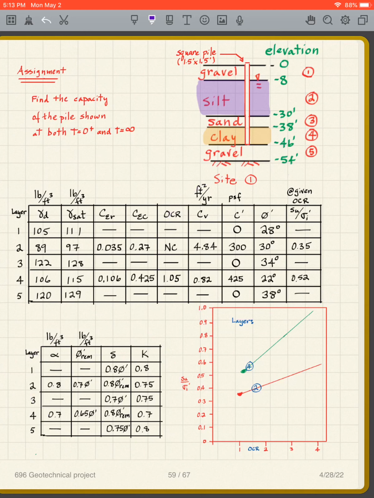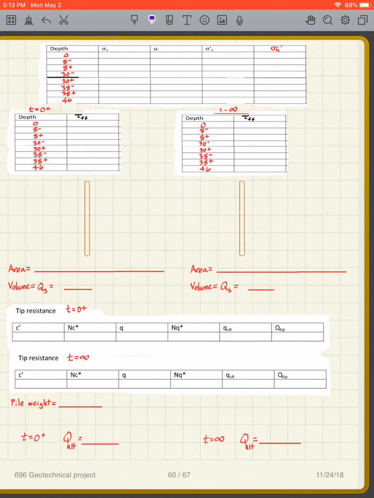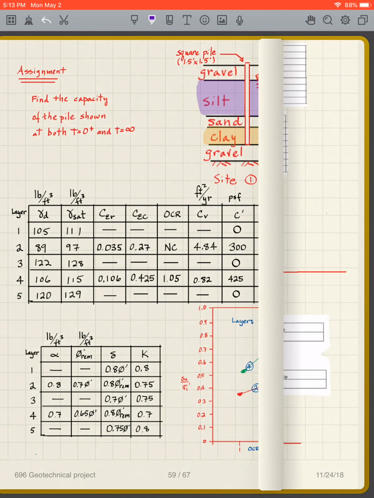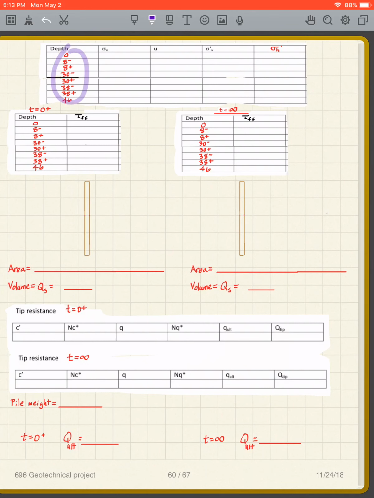Now you just need to fill out this particular table, with these depths: 0, 8, 30, 38, 46. Why those? Because at every boundary I have to have 8 minus, 8 plus, 30 minus, 30 plus, 38 minus, 38 plus. All of those depths are given here for you to work with.